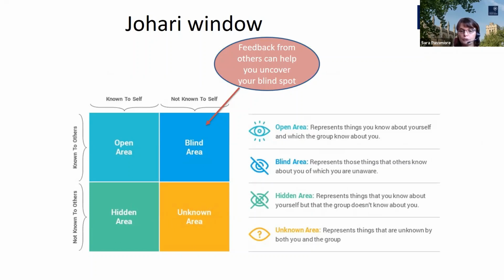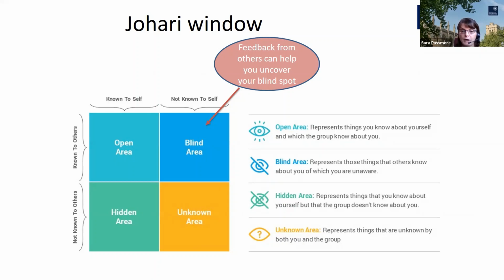So there are 4 quadrants based around what is known, what is unknown, and to yourself and to others. So if we look at that top left area, the open area, this is the arena, as it's sometimes called. This is the public domain. This is things we're happy to share with others.